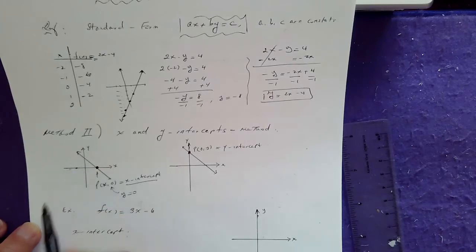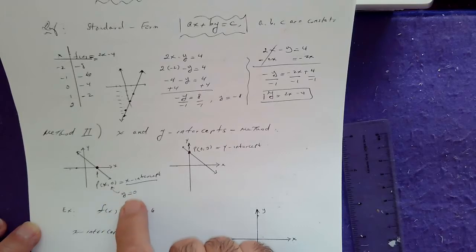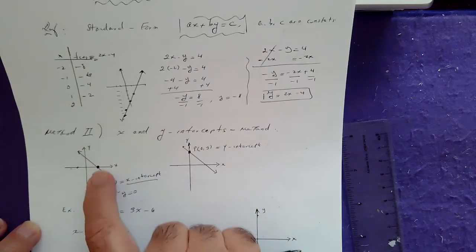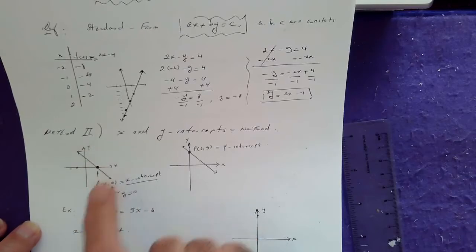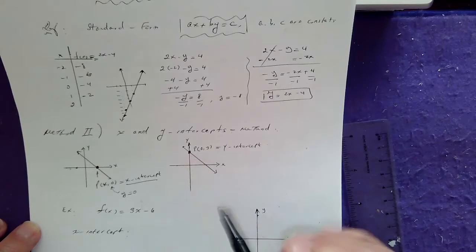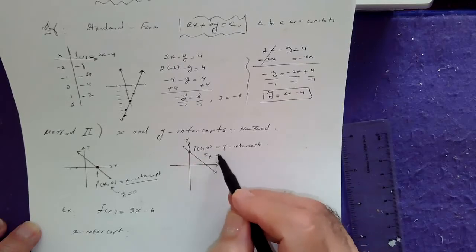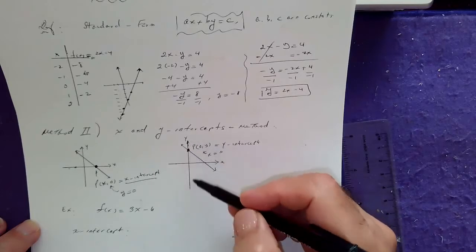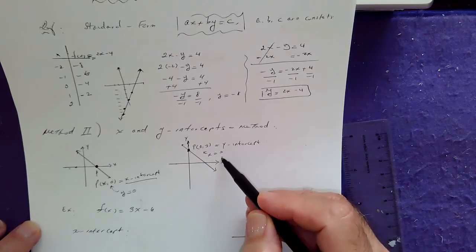Any of these points on the x-axis happens to have a y component equal to 0, correct? So the point on the line whose y is equal to 0 is called x-intercept. In other words, this is the point where the line crosses the what? X-axis. This is the point where the line crosses the y-axis, and notice on that particular point, x is equal to 0, because any point along the y-axis has x equals 0 as its component.